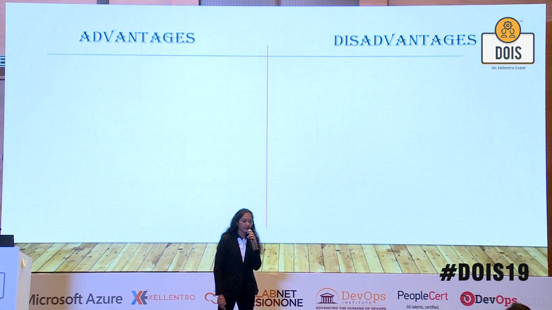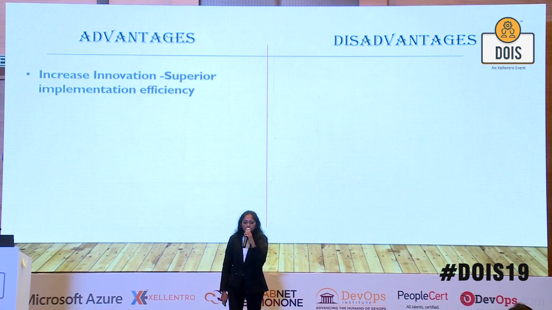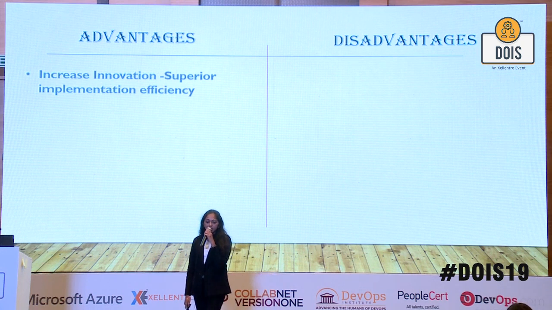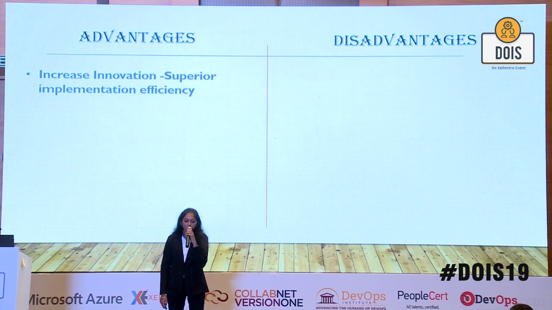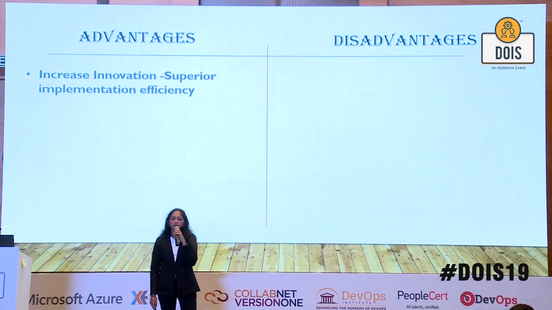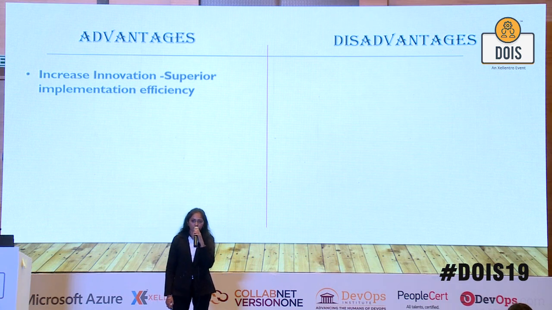Okay, great. These are all the benefits you're talking about. That's really good. The primary advantage is increased innovation. The time being spent on fixing an issue can be efficiently used on innovation. And we get superior implementation efficiency.